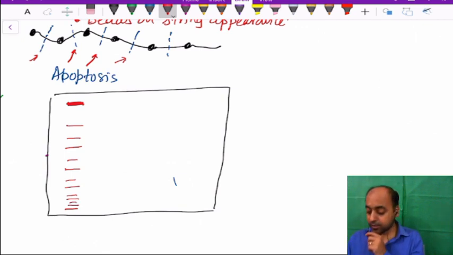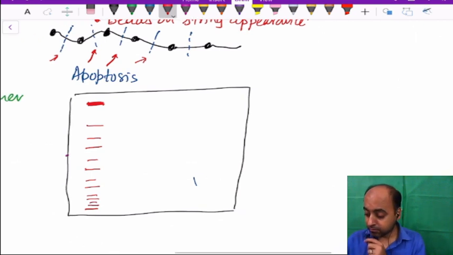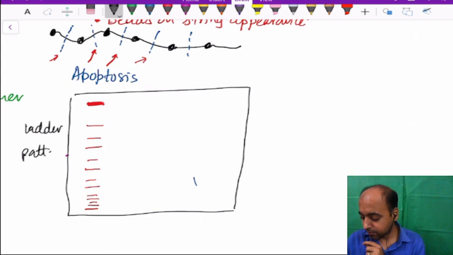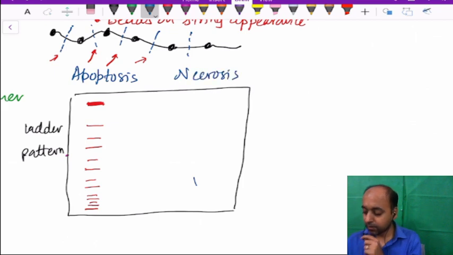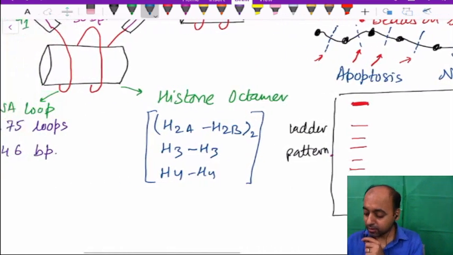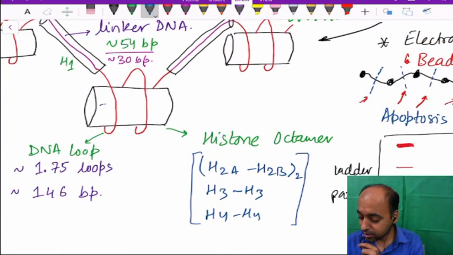We call it the ladder pattern. But in necrosis, the cleavage can occur anywhere. The cleavage can occur within the nucleosome also.